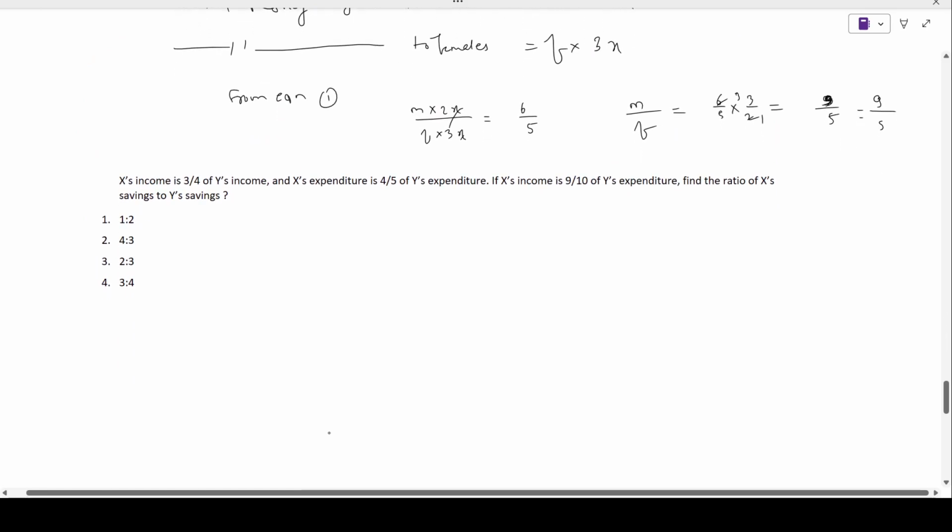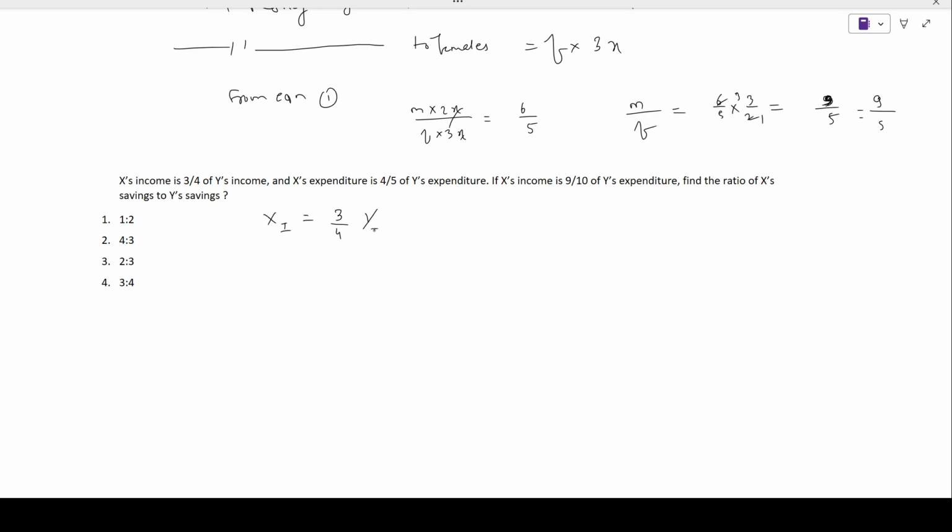X's income is 3/4 times of Y's income. Let's write all these equations. X's income is equal to 3/4 of Y's income, and X's expenditure is equal to 4/5 times of Y's expenditure.